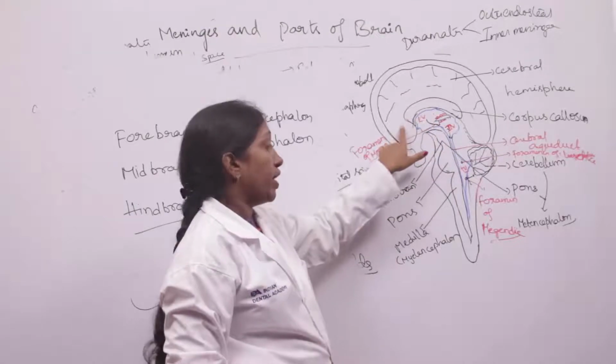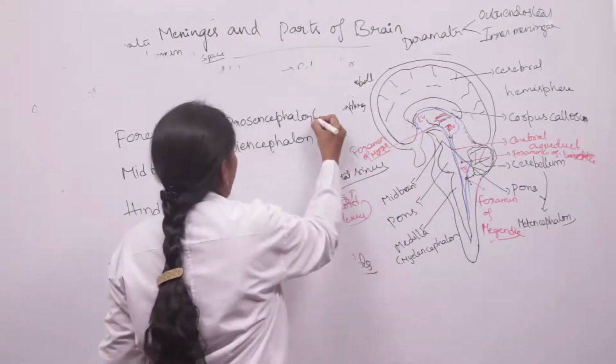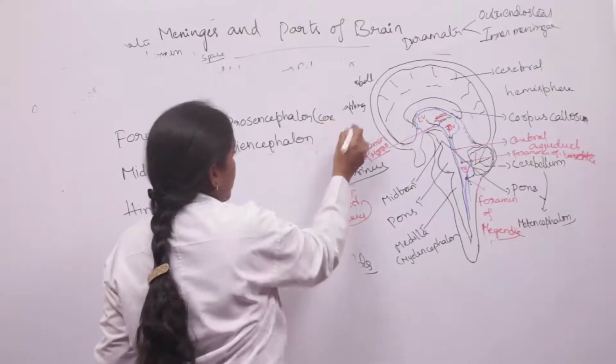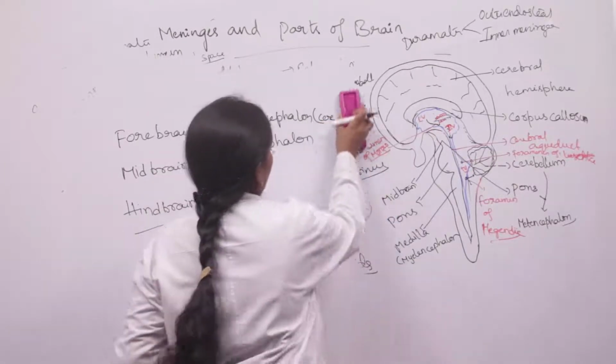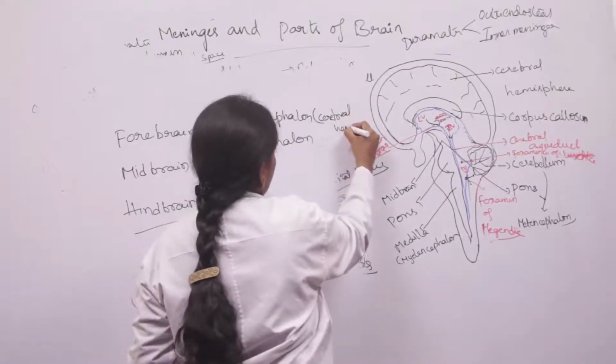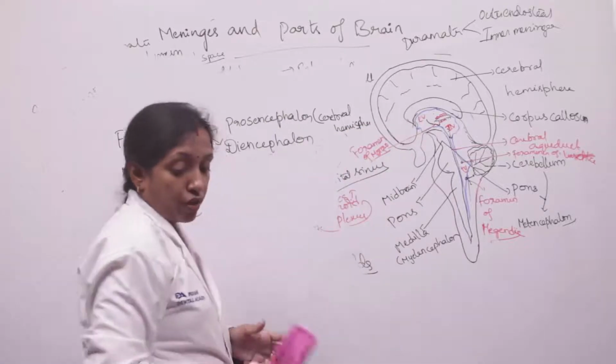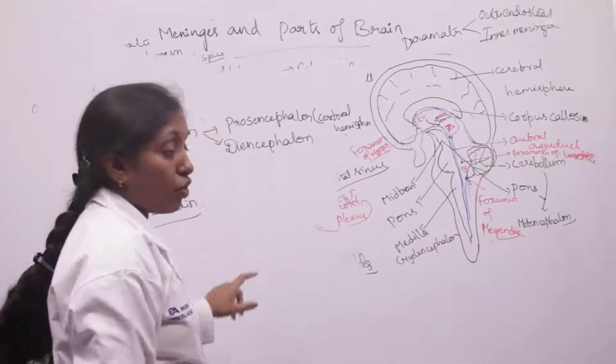The part in front of the interventricular foramen and the two cerebral hemispheres constitute the prosencephalon. And coming to the diencephalon.